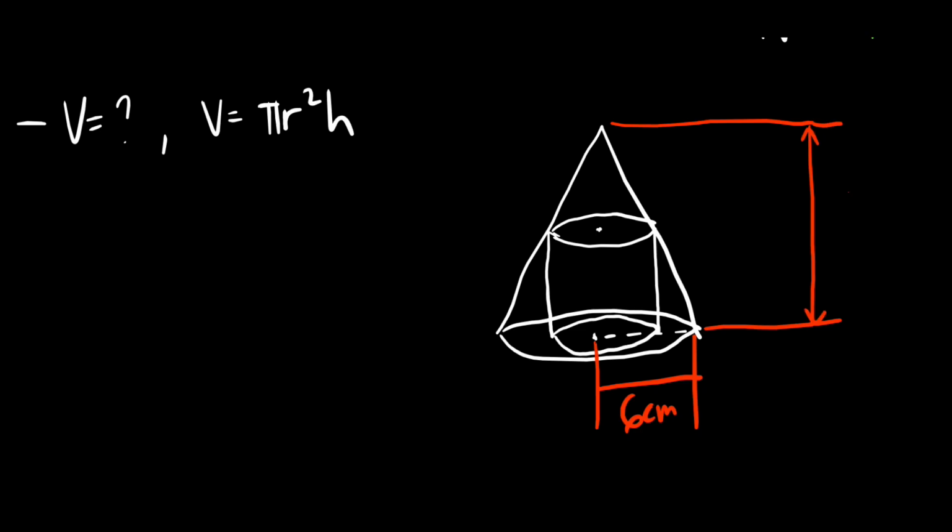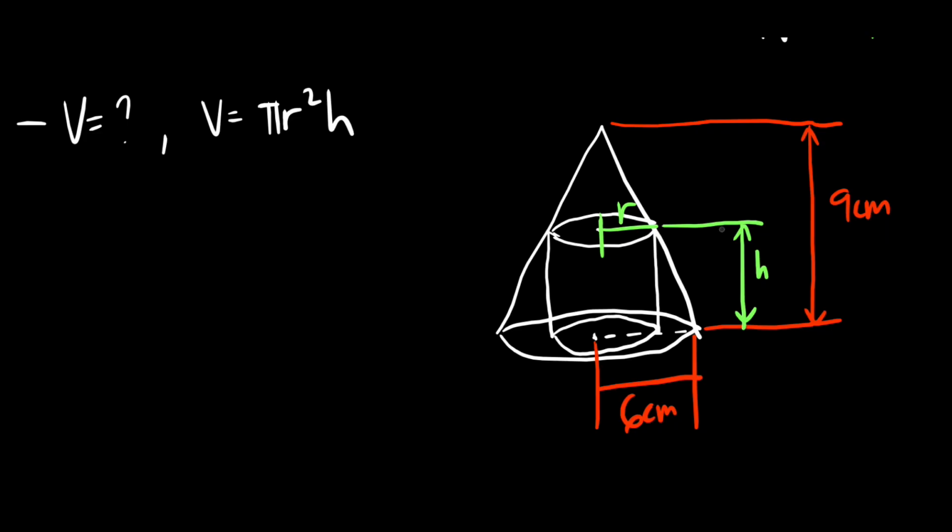So if this will be our cylinder here, this is denoted as a smaller r, and this we will denote as the h, right?